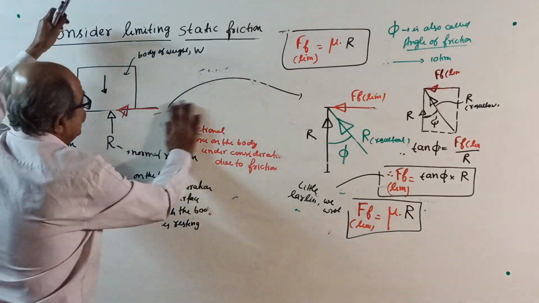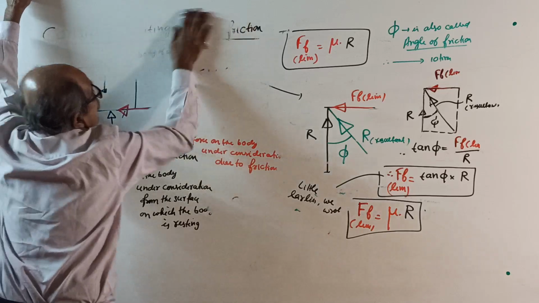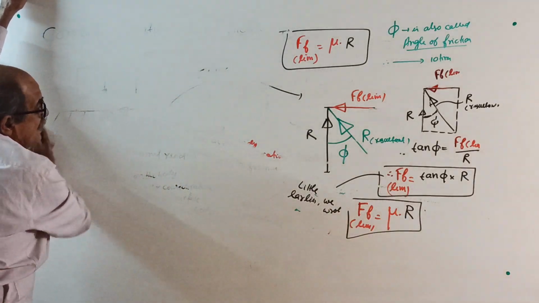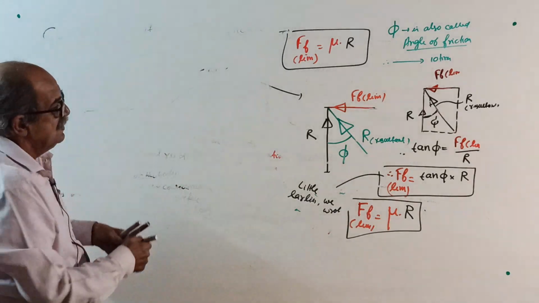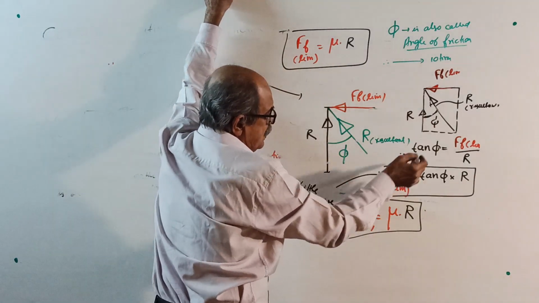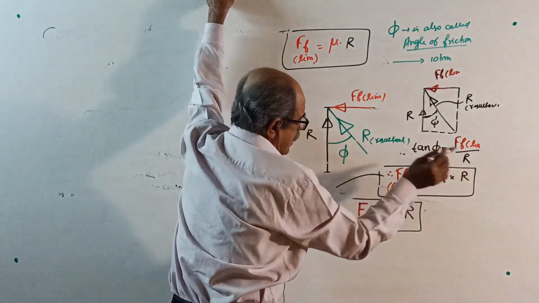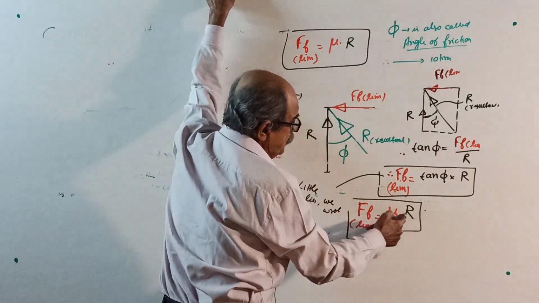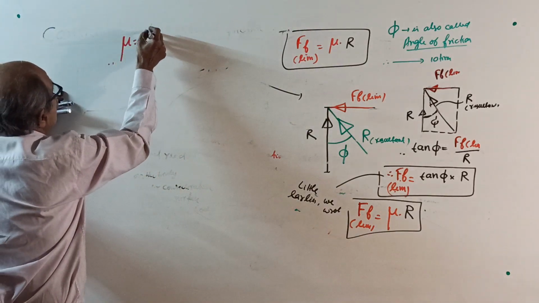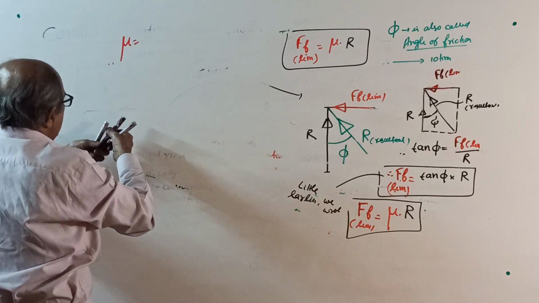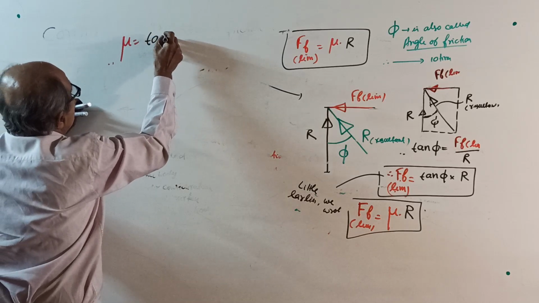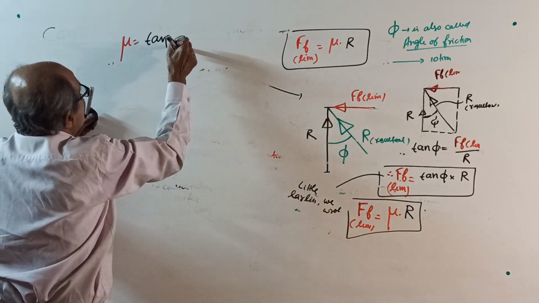All this discussion is for the limiting case only. Therefore, you can tell FF limit equal to tan phi into R, or FF limit equal to mu into R. Therefore, mu equal to tan phi. Any color will do, I'll use green. Mu equal to tan phi.